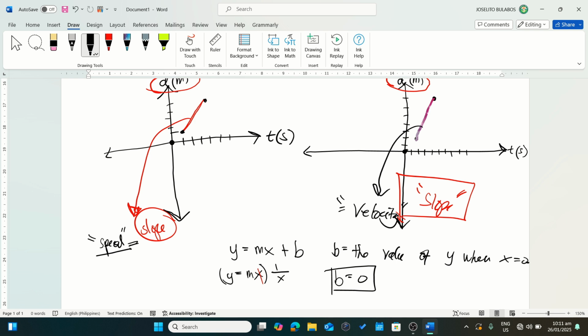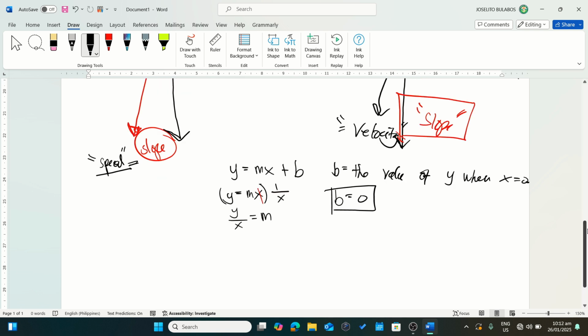So we're left with y over x equals m. I'll just rearrange the formula: m equals y over x. This will be our equation for the slope, and slope is nothing but the speed.